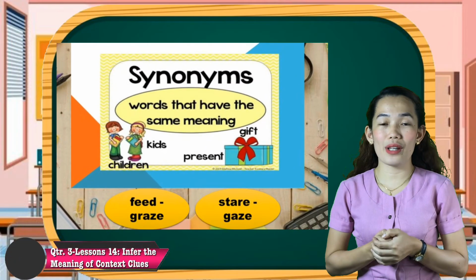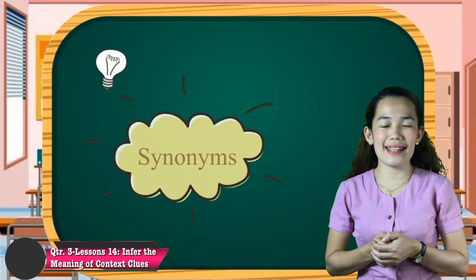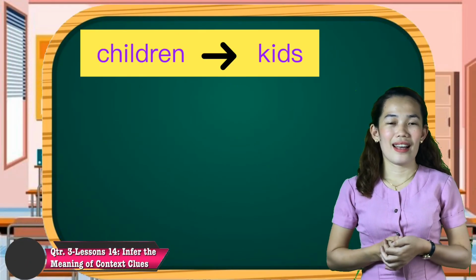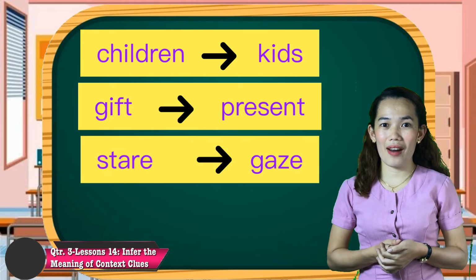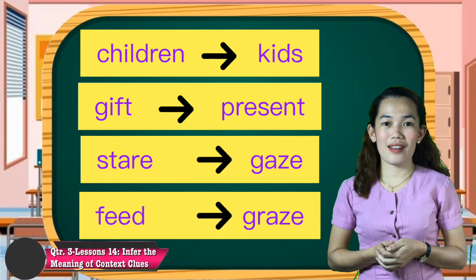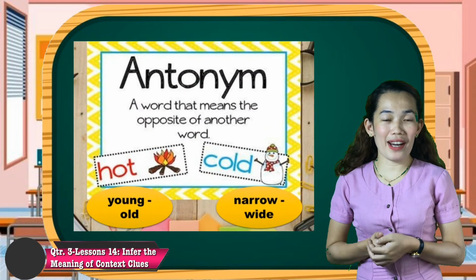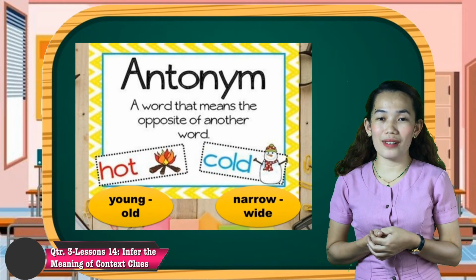Do you know that words that bear similar meaning are called synonyms? Examples are children, kids, gift, present, stare, gaze, feed, graze. On the other hand, words that bear opposite meaning are called antonyms.